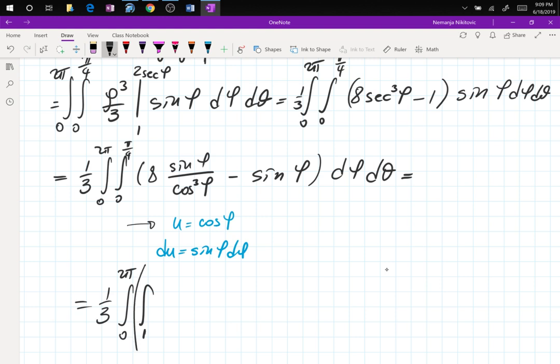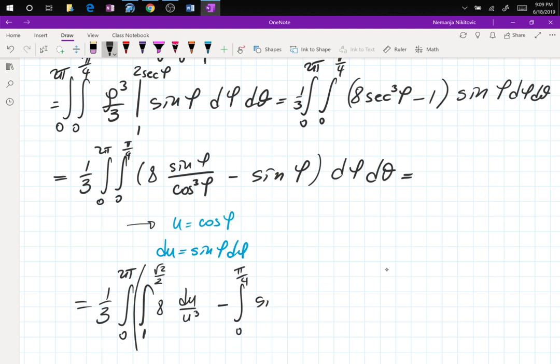Okay. In the parenthesis now. I have integral of 1 to, when I plug in pi over 4, root 2 over 2, of 8 du over u cubed. And then I have minus the integral from 0 to pi over 4. So this one I'm not changing.